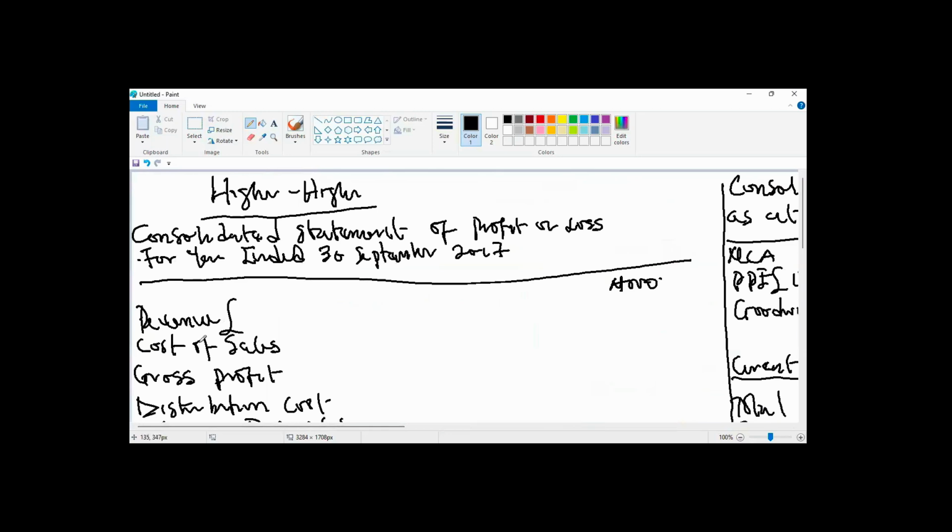The adjustment, the subsidiary 6 months. So what is the revenue of the parent? The revenue of the parent is 2,720,000 plus the subsidiary, which is going to be prorated, 1,344,000 times 6/12, minus intergroup sales of 256,000.